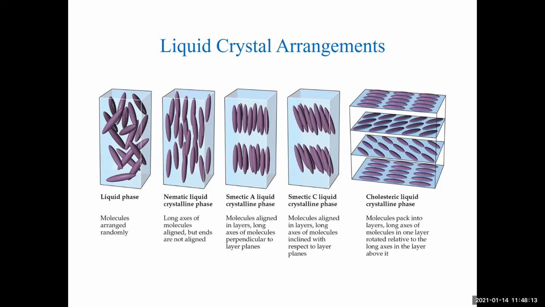If you have arrangements like this, you can do things to them. You can have electrical impulses go through, or heat, and it causes them to move together. That's how the liquid crystal works, in a real simple way.